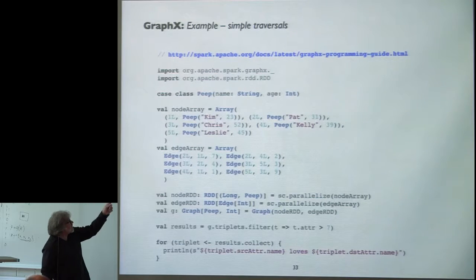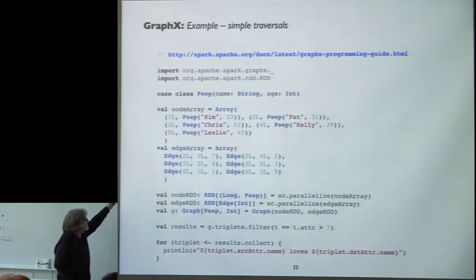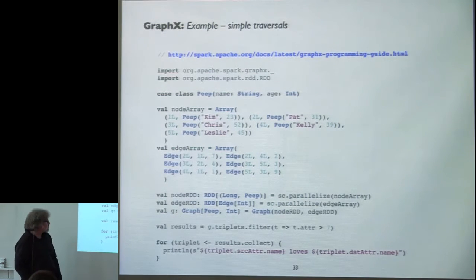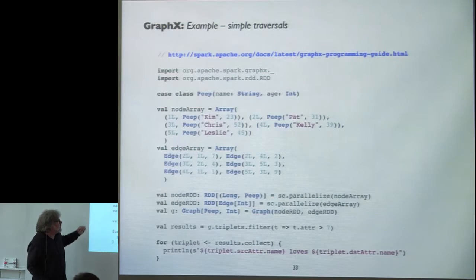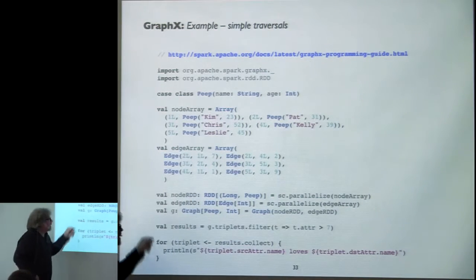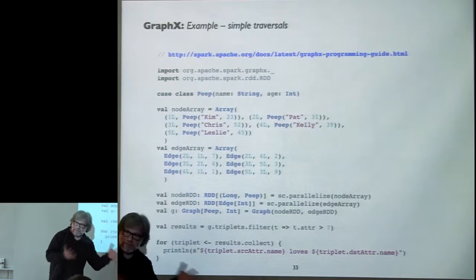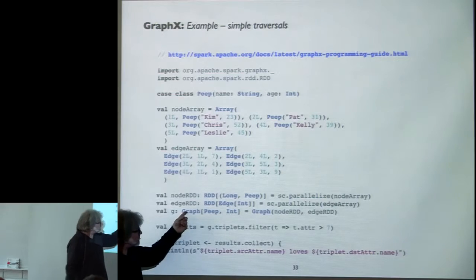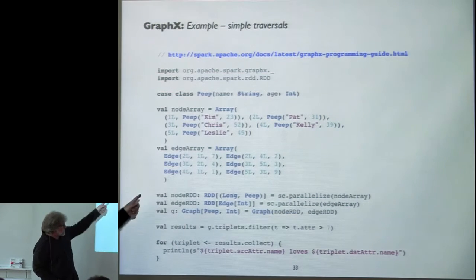So I'll create a case class here called peep that has the name and age, and I've got an array of data, and then an array that describes the connections between those nodes. In Spark, the idea is to create an RDD out of the nodes, and then an RDD out of the edges connecting the nodes, and then take those two RDDs and compose them into a graph. So now you've got the type signatures. Again, this is Scala.